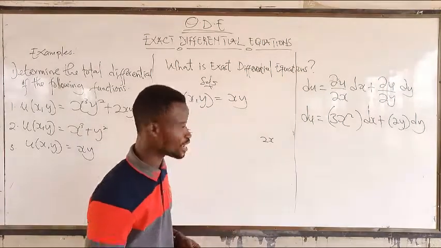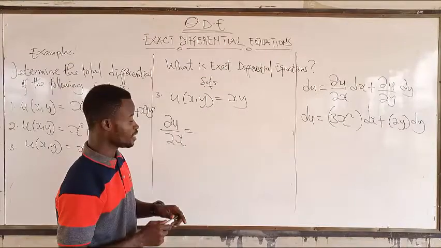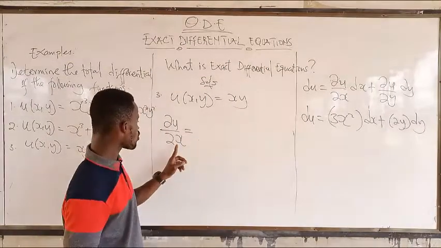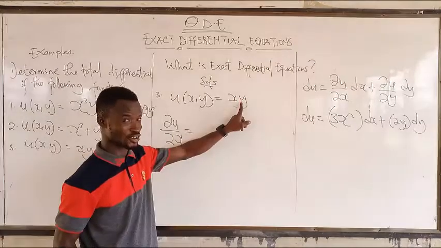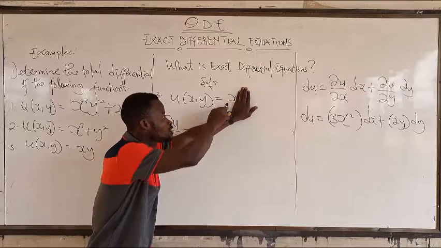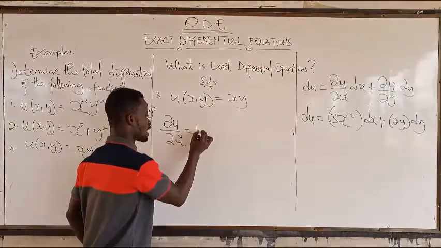In the same way, it's critical but not all that critical. If you were to differentiate xy by holding y as a constant, you just close this one. When you differentiate x, what will you get? 1. So here you get 1 times y.